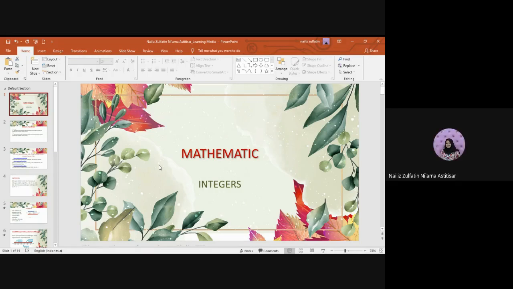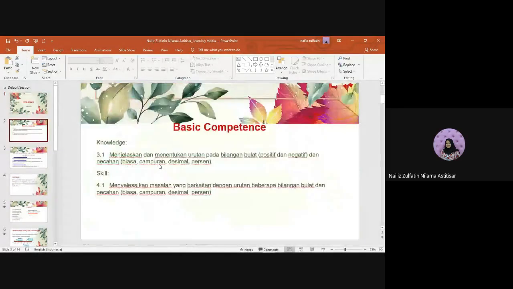The material today is about integers. This is a basic competence, knowledge: menjelaskan dan menentukan urutan pada bilangan bulat positif dan negatif dan pecahan biasa campuran, desimal dan persen.